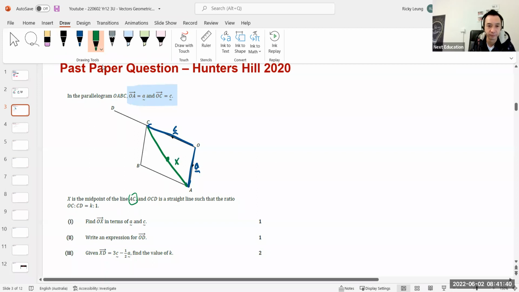Midpoint, okay. OCD is a straight line with the ratio K to 1. Okay, I see, now this is important. So the ratio is like, maybe I'll do it like this.